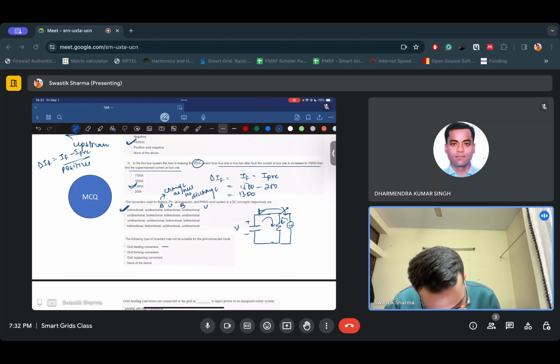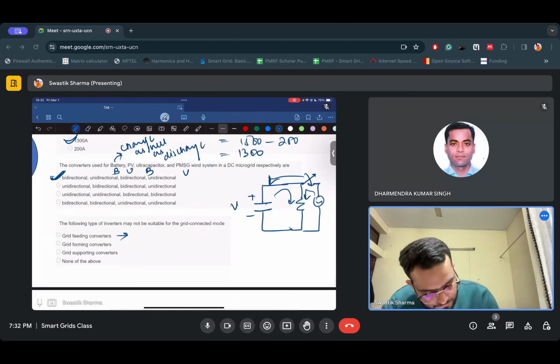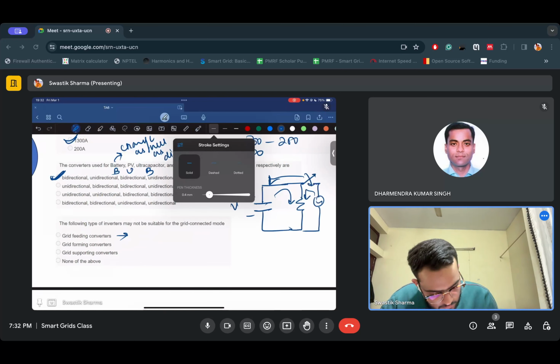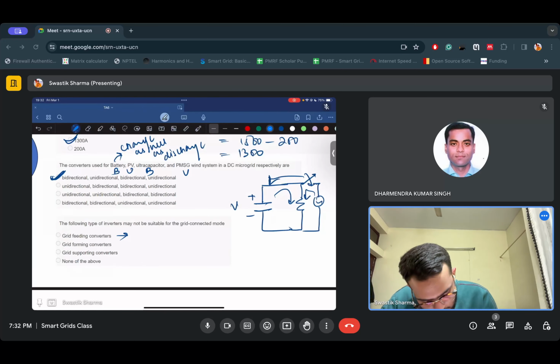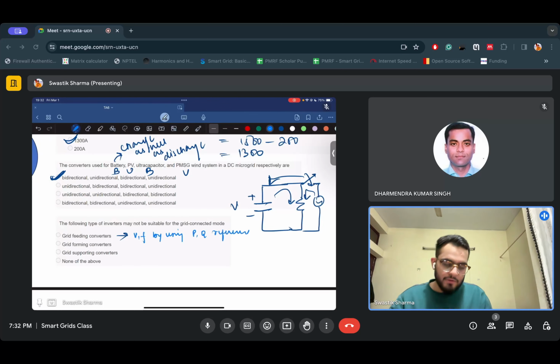So the grid feeding converters, what they do is, they are used to affect changes in voltage and frequency by using a PQ reference. They use this reference, adjust PQ according to this reference, and affect change in the voltage and frequency of the overall system, microgrid, sorry, through which it is connected.